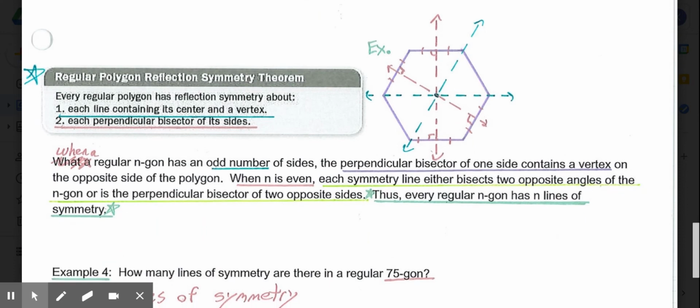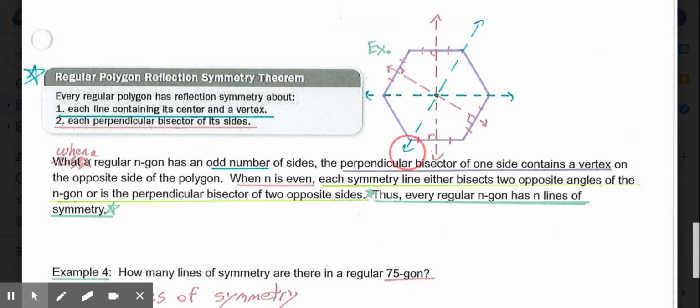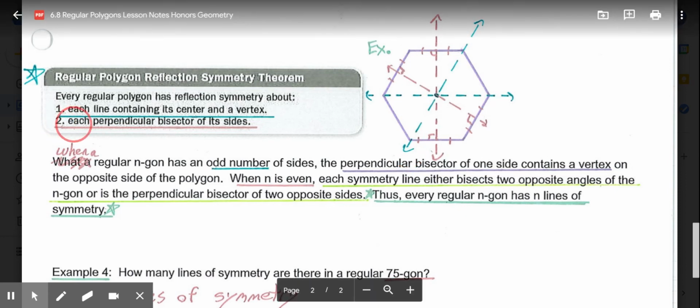Then you have the regular polygon reflection symmetry theorem. And the regular polygon reflection symmetry theorem has 2 parts. The first part says that every regular polygon has reflection symmetry about each line containing its center and a vertex. So any line from the center point to the vertex would be a line of symmetry. And then it also has each perpendicular bisector of its sides.